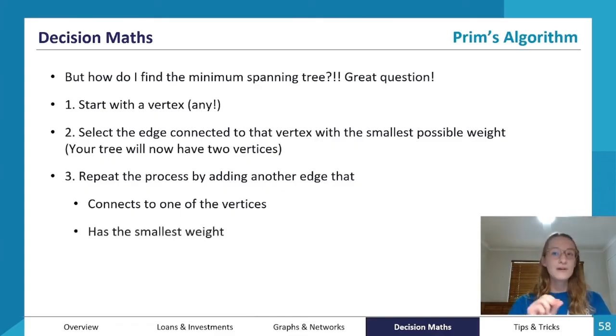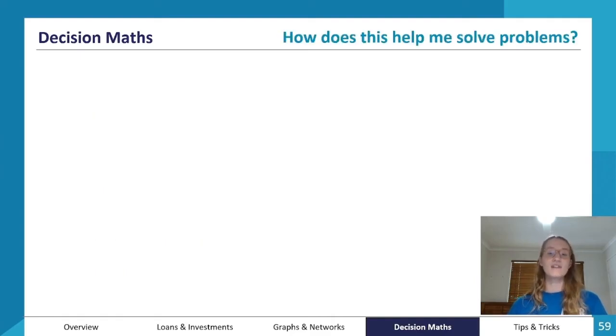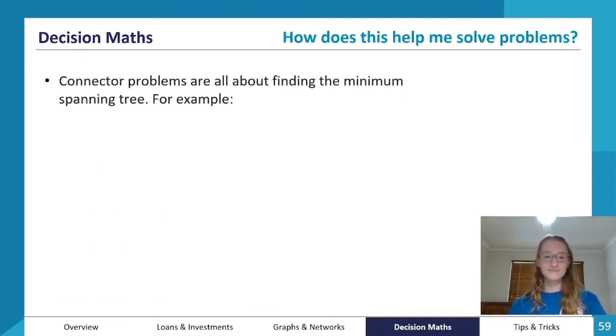So every time you're connecting in a new vertex, but adding the minimum weighted edge that doesn't introduce a cycle. Because if the minimum weighted edge introduced a cycle, well, we could add it, but that wouldn't actually serve a useful purpose because it wouldn't be part of the minimum spanning tree. And then you simply continue until every vertex is connected.